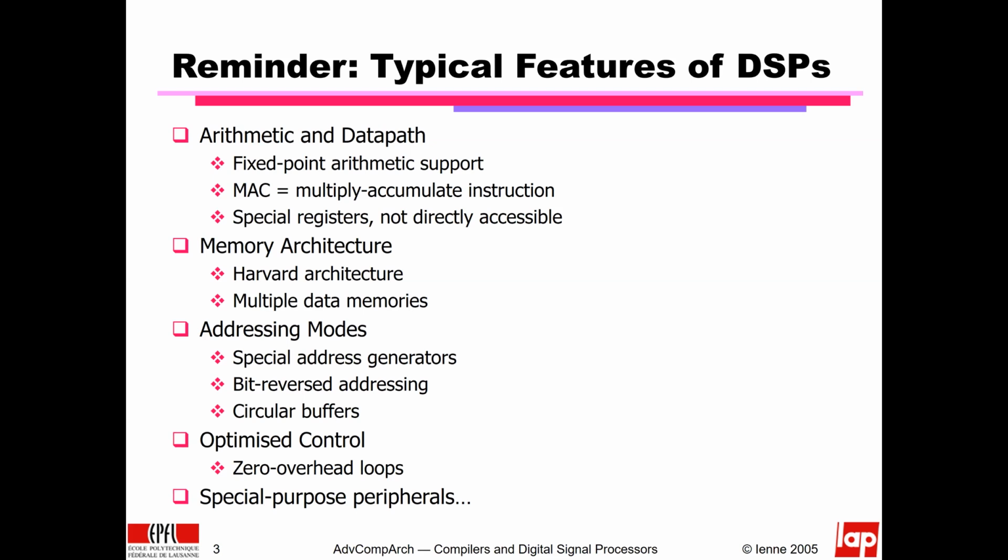So supply the addresses and in parallel compute the next addresses for the memory accesses, and these special instructions to execute a number of times the body of a loop, a static number of times, typically a constant, with zero overhead, without paying for the control flow decision.